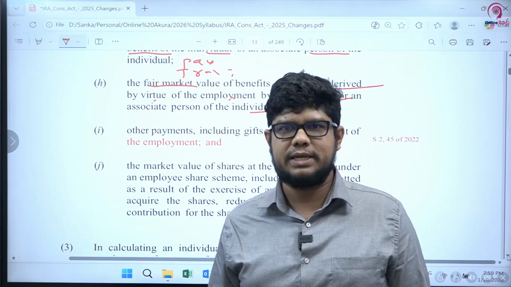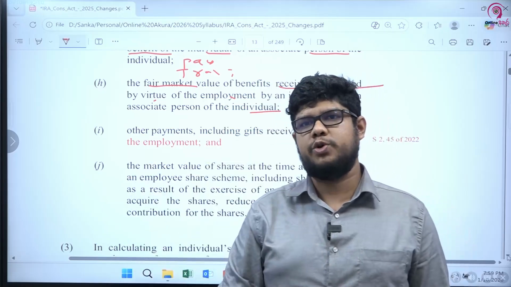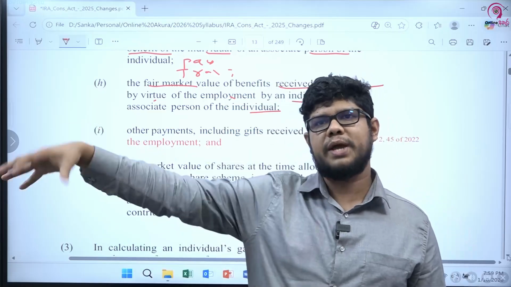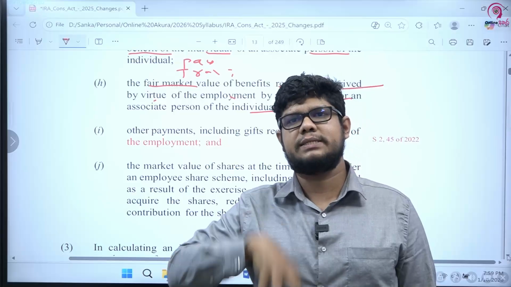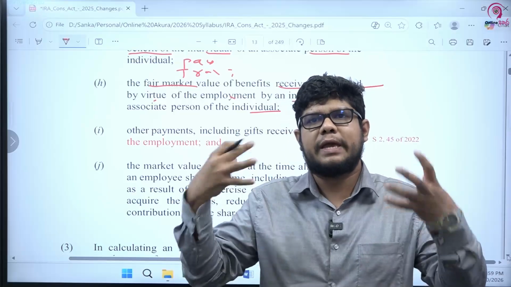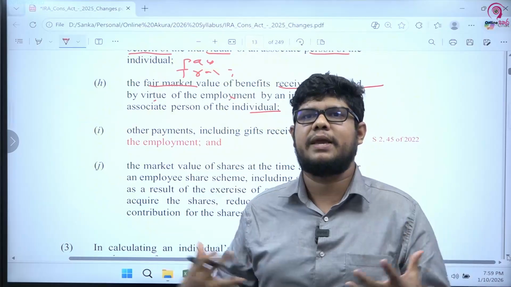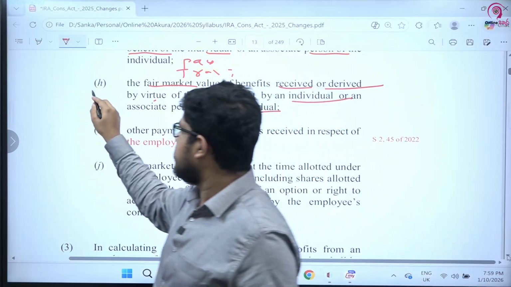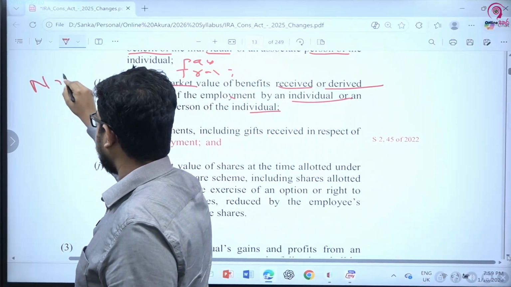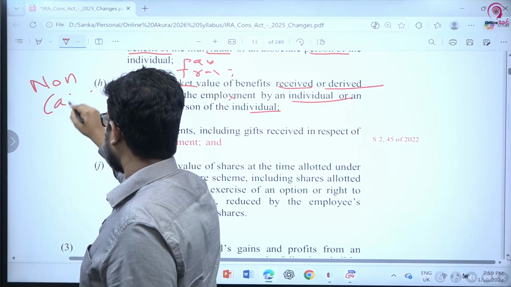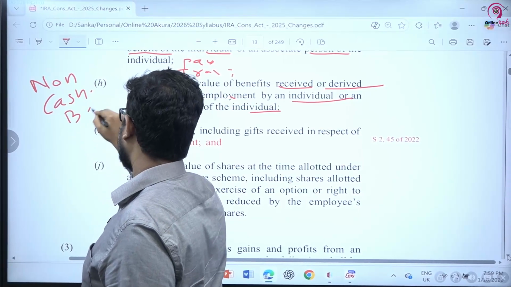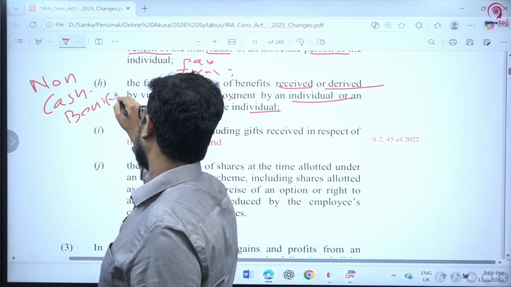For example, you might be given a vehicle owned by the company to use. That's a benefit. It's not a cash receipt, it's a non-cash benefit. We call this non-cash benefits, right?